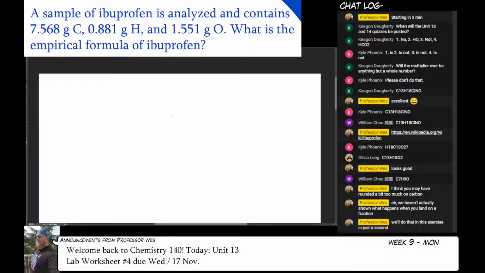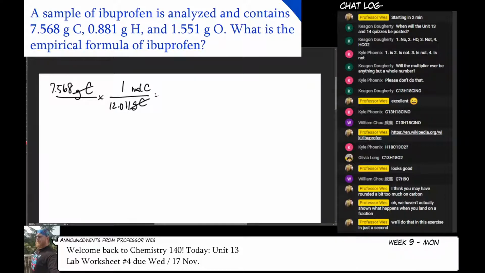So we're going to do what we did before. We're going to turn everything into moles. So let's start with carbon, and we'll convert that to moles.